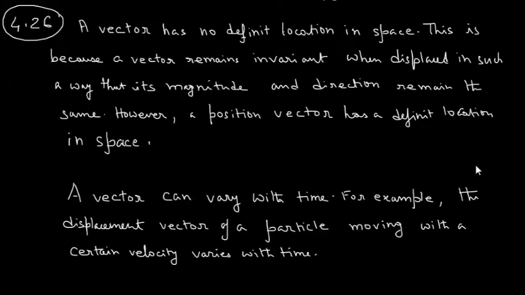Solution of 4.26. A vector has no definite location in space. This is because the vector remains invariant when displaced in such a way that its magnitude and direction remain the same. However, a position vector has a definite location in space. A vector can vary with time. For example, the displacement vector of a particle moving with a certain velocity varies with time.